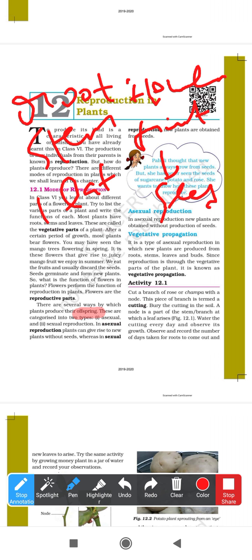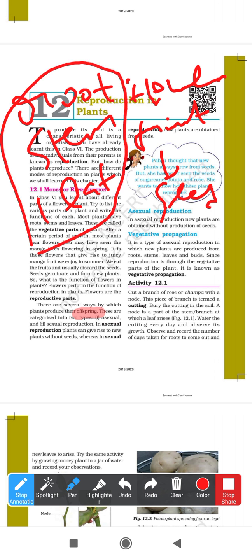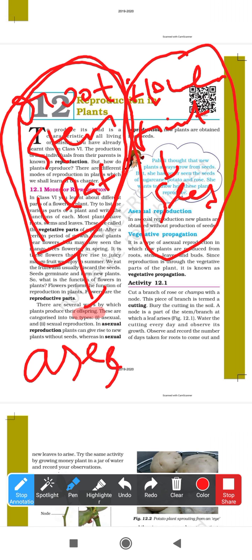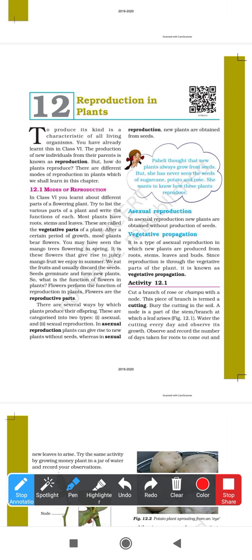If a seed is not involved, it is called asexual reproduction, right? So if reproduction occurs from a vegetative part, it is asexual, and if it occurs from a reproductive part, it is called sexual reproduction.